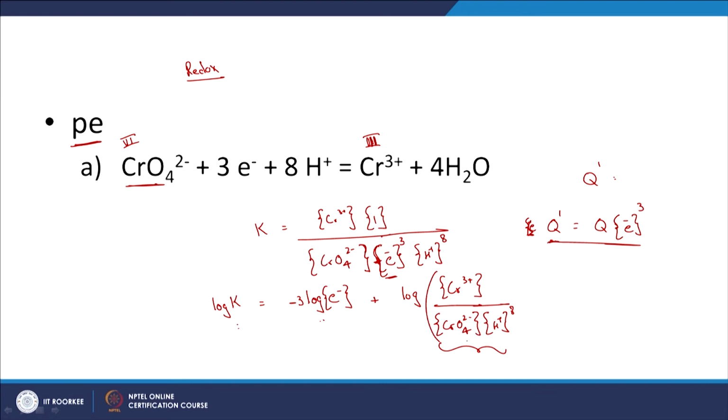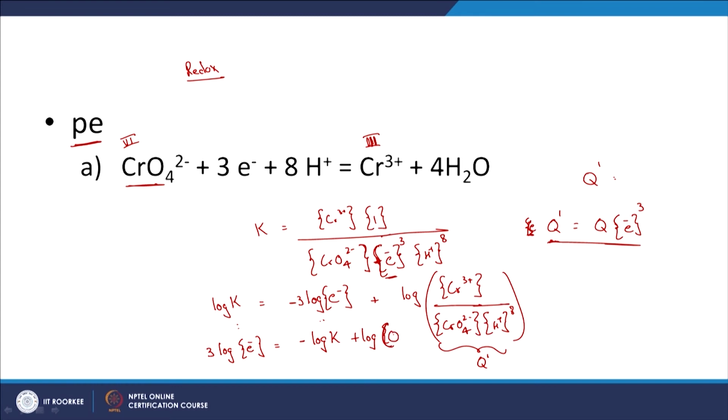So I am going to approximate this term by Q dash, and here I am going to swap the two variables. So it is going to be equal to 3 times log activity of electron is equal to minus log K plus log Q dash.